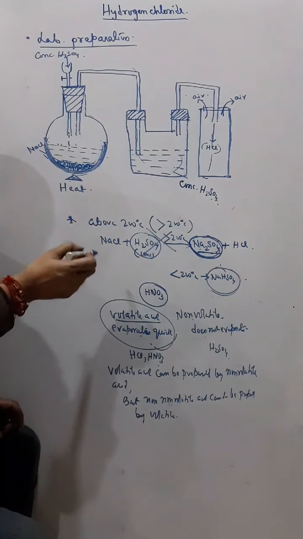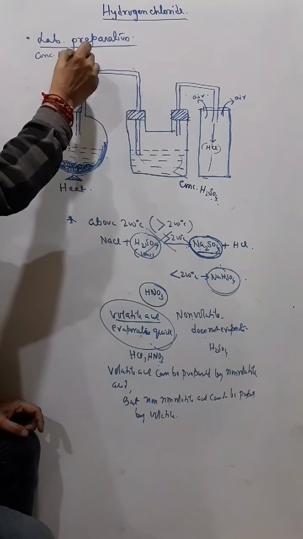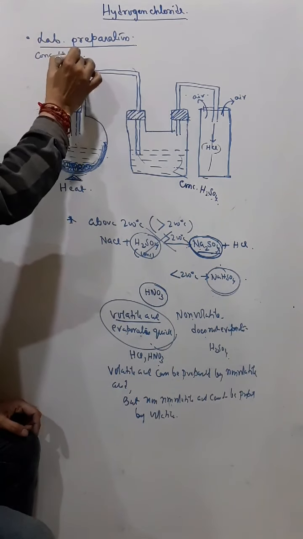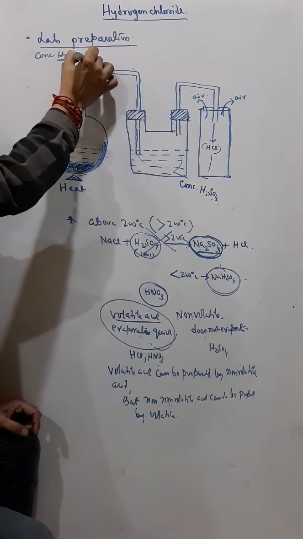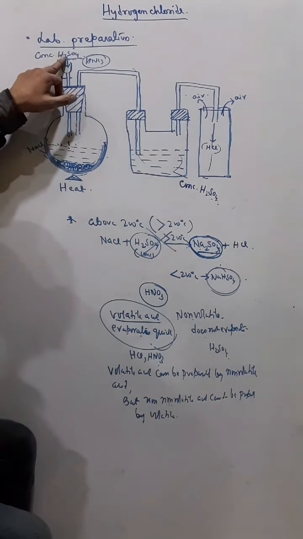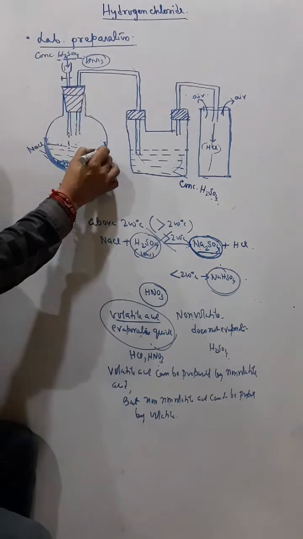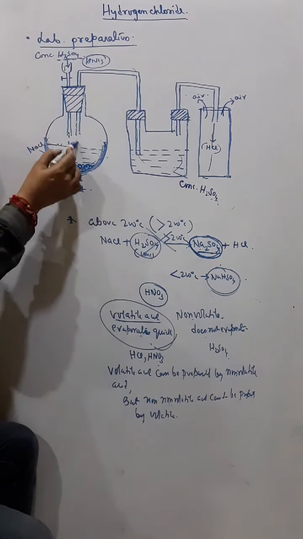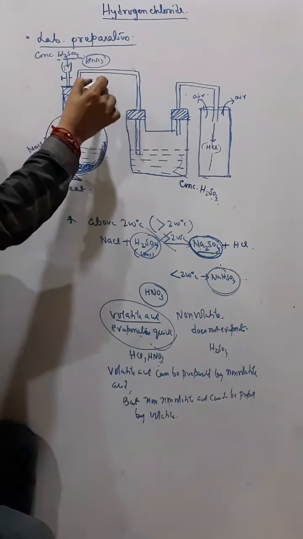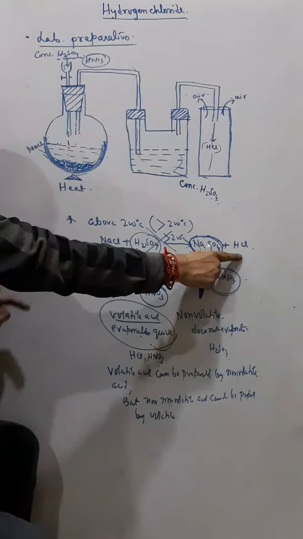Now try to understand, just imagine, instead of sulfuric acid, I take nitric acid. Sulfuric acid is a non-volatile acid, so when it falls here drop by drop, it does not fume. So there is no chance of that sulfuric acid mixing with the HCl vapor.